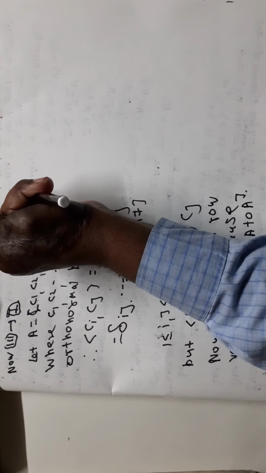The ith column of A becomes the ith row of A transpose.